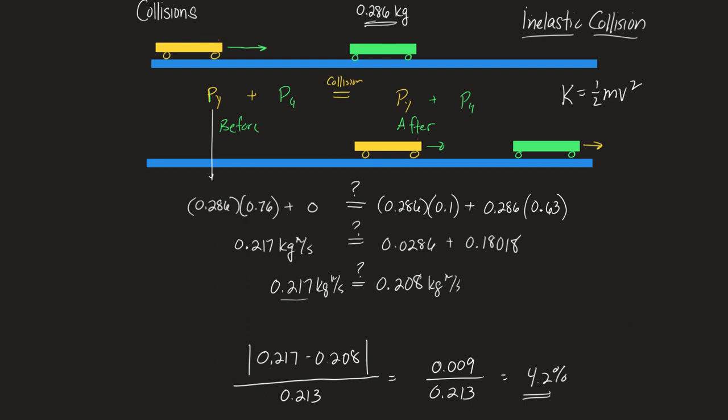Now, you can probably imagine that there are collisions called elastic collisions. In an elastic collision, kinetic energy is not lost. The kinetic energy is conserved. In nature, those are very rare. Most collisions don't conserve energy.